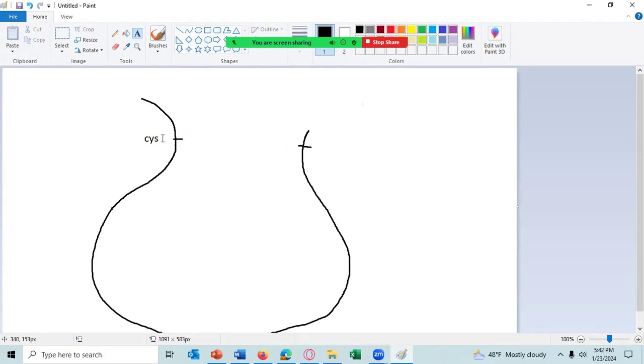All right, cysteine has a hydrogen sulfhydryl group.